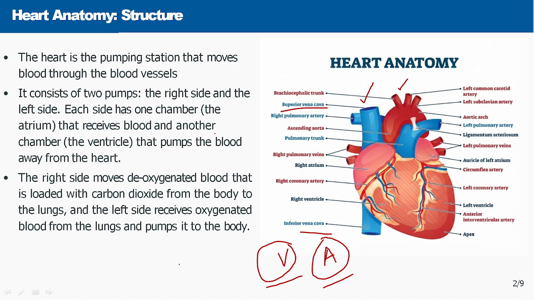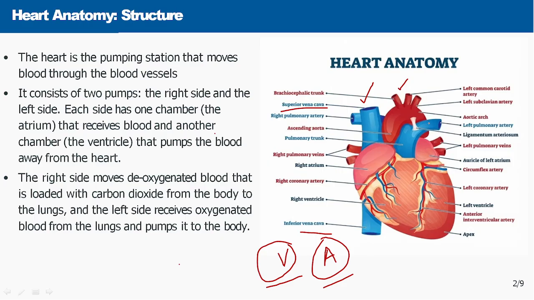From the right atrium, the deoxygenated blood moves to the right ventricle, and the right ventricle will pump that blood through the pulmonary arteries.